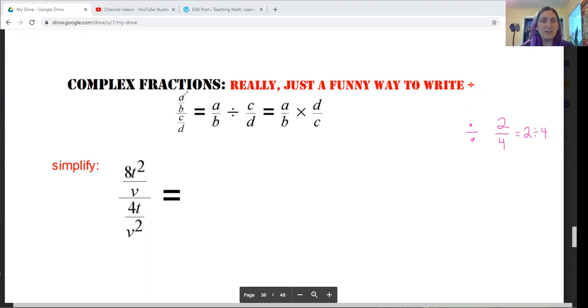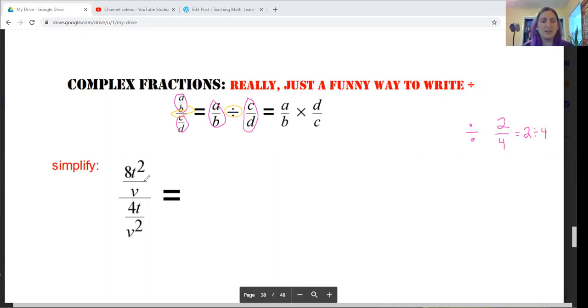So whenever you see craziness stacked like this, you can break it out into, oh okay, it's a fraction divided by another fraction. That's all it is.